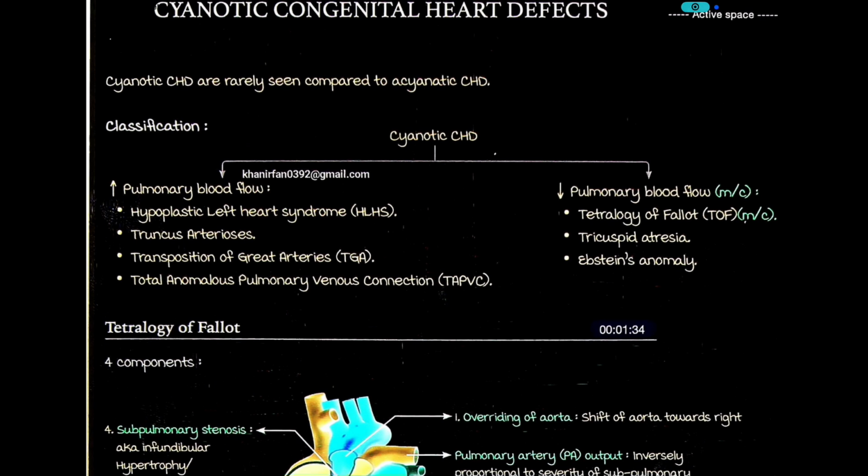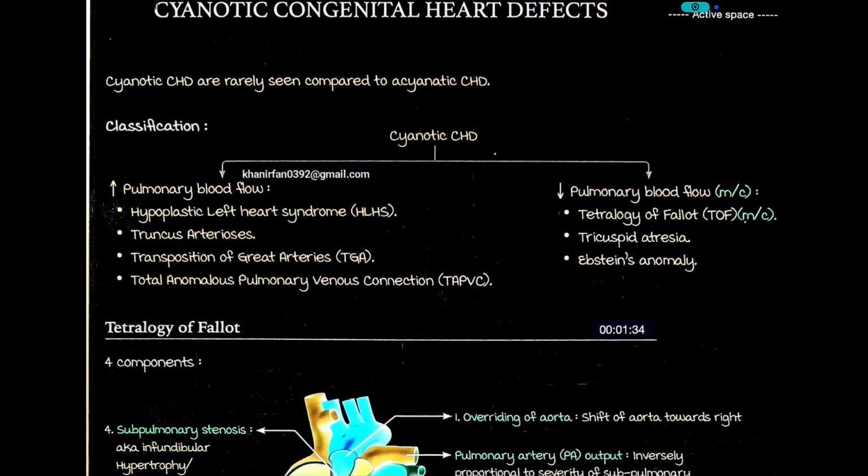Increased pulmonary blood flow is seen in hypoplastic left heart syndrome, truncus arteriosus, transposition of great arteries (TGA), and total anomalous pulmonary venous connection (TAPVC). Decreased pulmonary blood flow is most common.